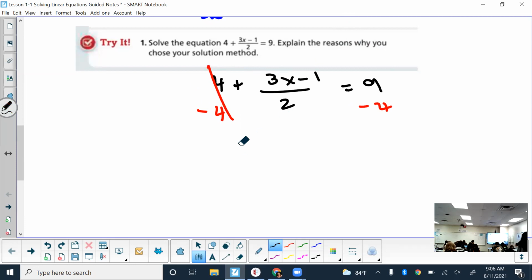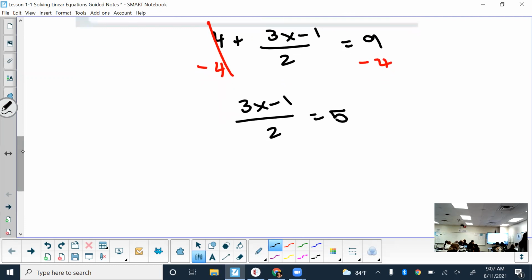So we just have 3x minus 1 over 2, and then 9 minus 4, which is 5. All right, good there so far. Now what number do we get rid of? And we get rid of it by, good, do that on each side.